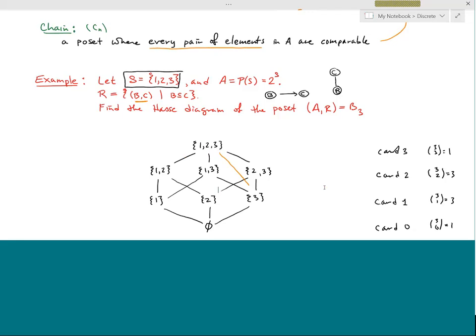Now, last possibility that could happen is what if we tried to connect {1, 2, 3} with the empty set? Yes, the empty set is totally a subset of {1, 2, 3}, but why would I claim that orange curved edge I just put in is also somebody we're going to have to end up removing?